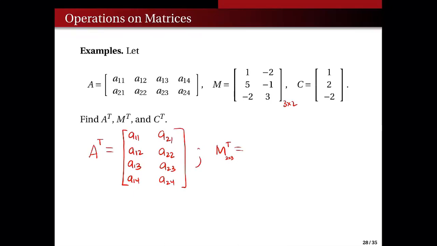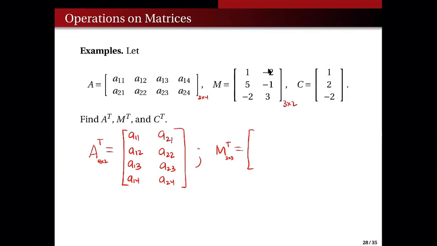For M transpose, the rows of M become the columns of M transpose.